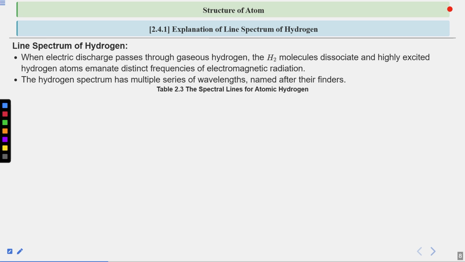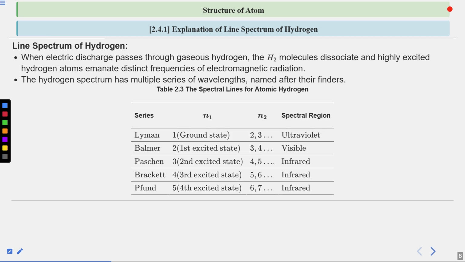Okay. So it is giving energy to the hydrogen atom. After taking that energy, it is emitting the taken energy in the form of light. Okay, it is taking energy in the form of electricity and emitting energy in the form of electromagnetic radiation. So these are the spectral lines that we can get.